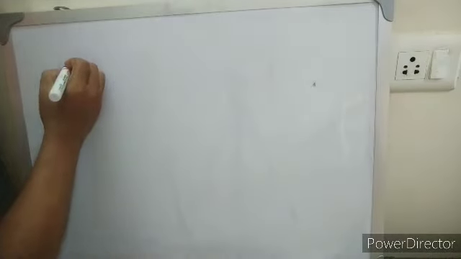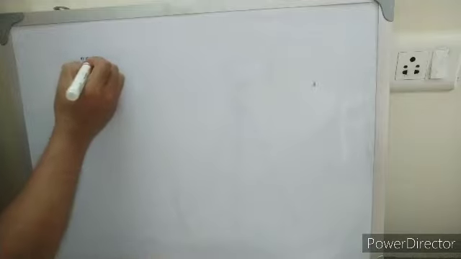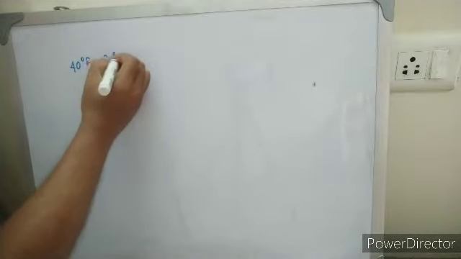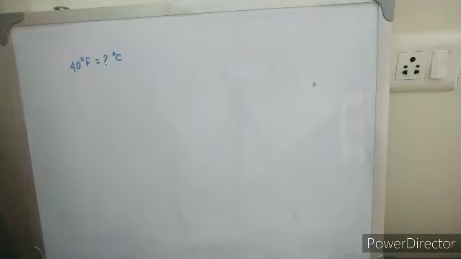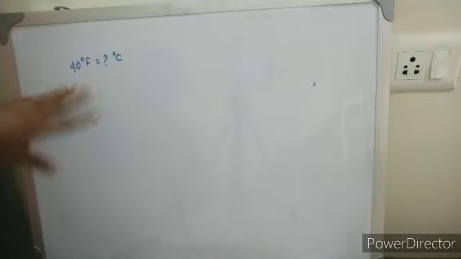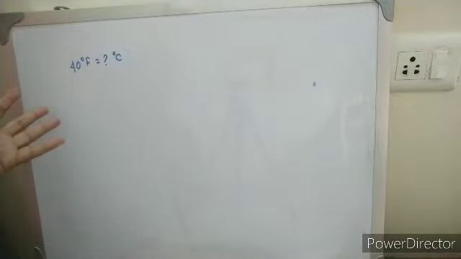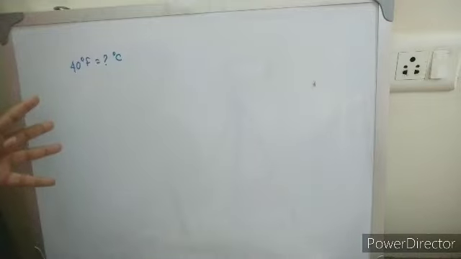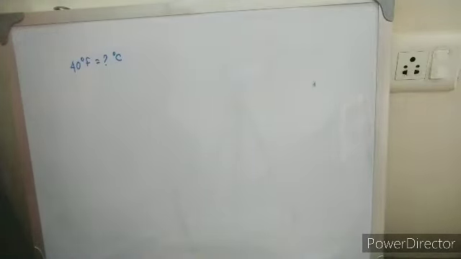Again I am going to another mathematical problem. Say for example, 40 degree Fahrenheit, transfer it into centigrade scale. As we have seen, 40 degree centigrade equals 104 degree Fahrenheit. So if I change the value to 40 degree Fahrenheit, find out what it is in centigrade scale.